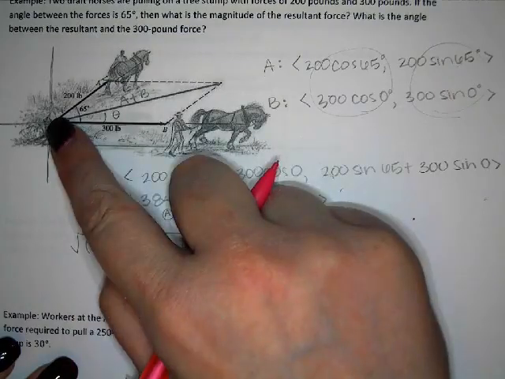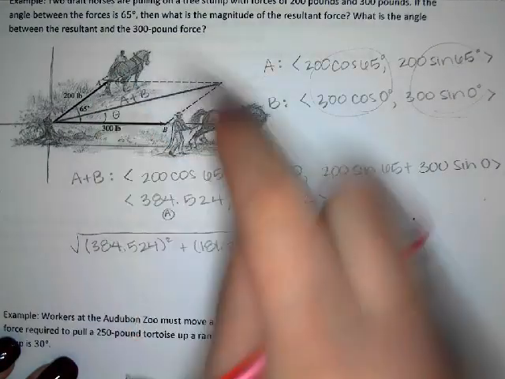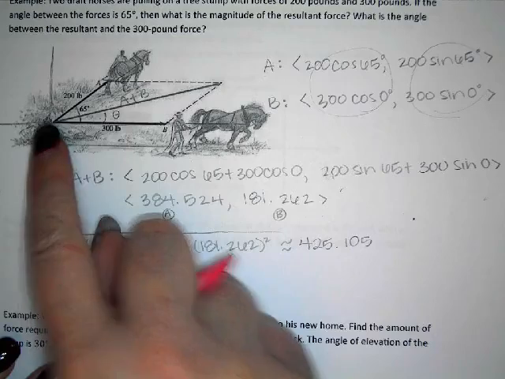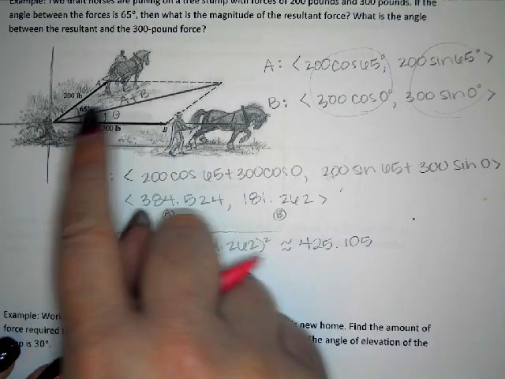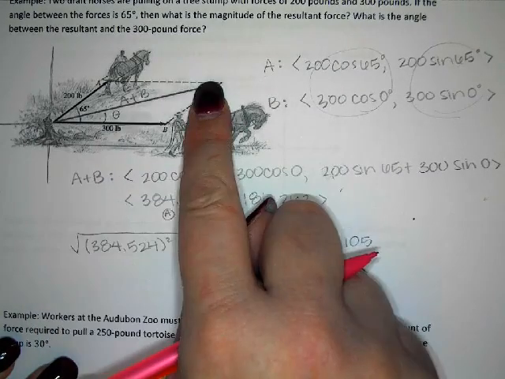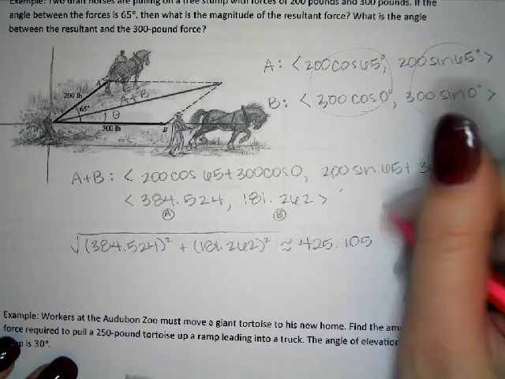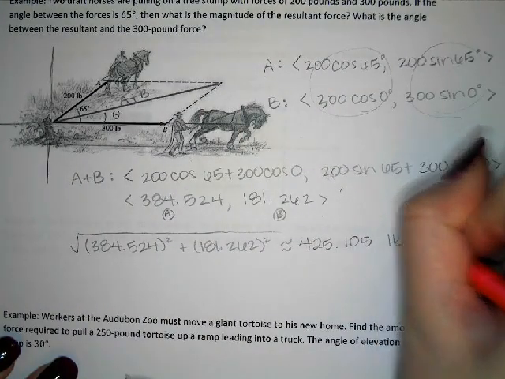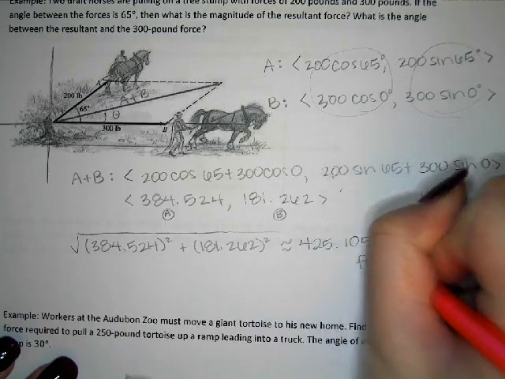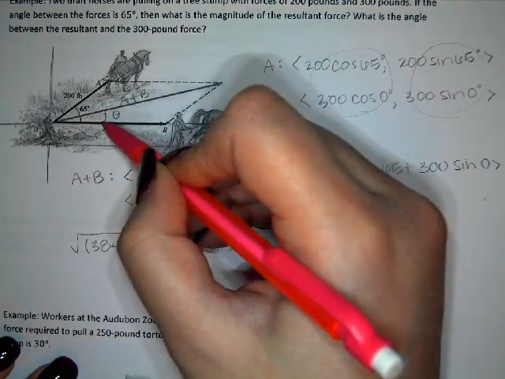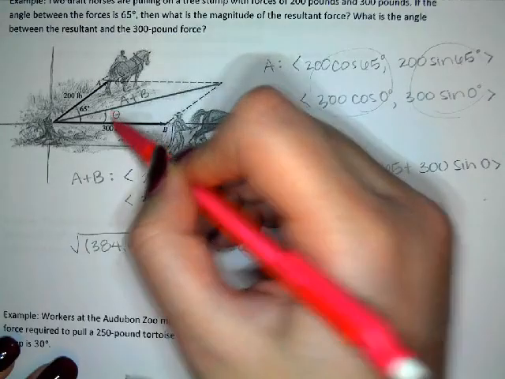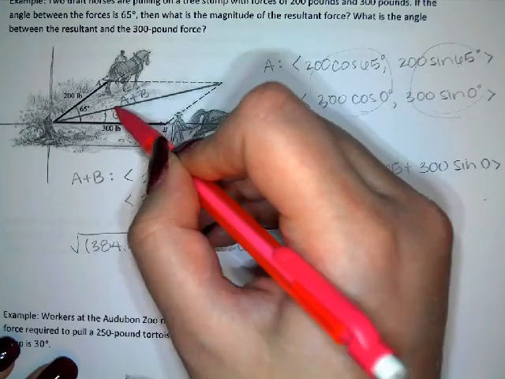Okay, and then they wanted to know, well, what's the angle between these two, between the 300-pound force and the resultant. So I'm just going to do tan theta is the vertical component divided by the horizontal component.